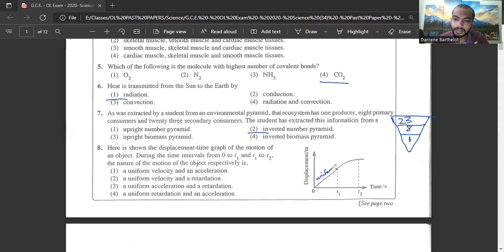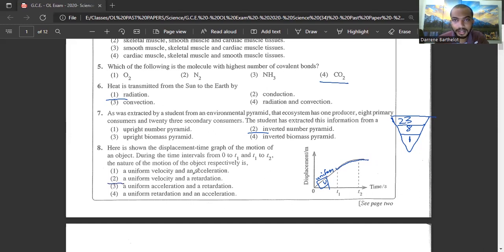But from t1 to t2, there's a curve, and the curve is flattening so that the gradient becomes 0 at time t2. If the gradient is 0, the object has come to rest. So the object is moving with uniform velocity, and after some time it is decelerating and coming to rest. So the answer should be number 2, uniform velocity and retardation.